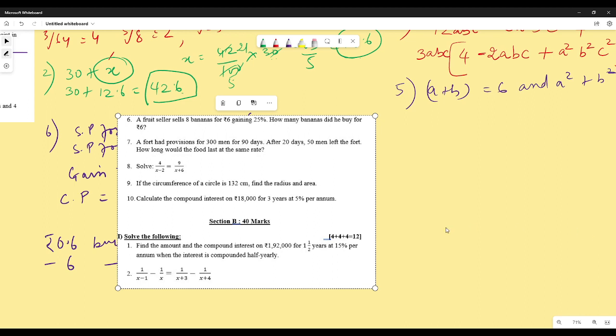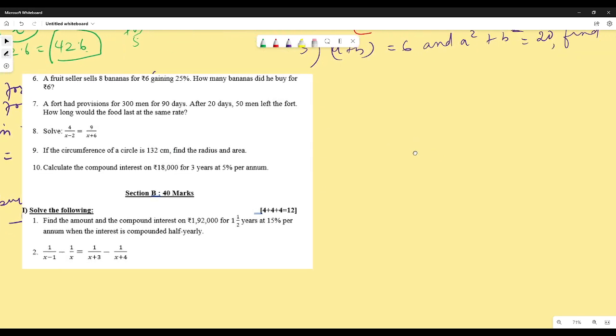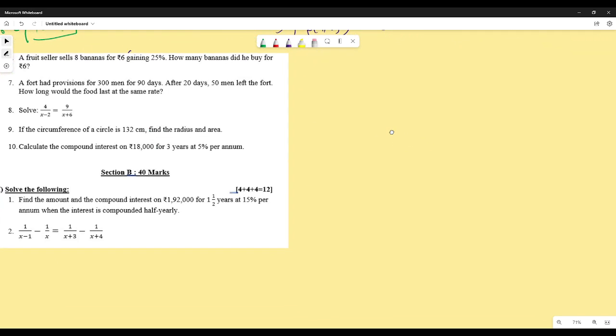Now let us take up this question. It says, question number 7. A fort has provisions for 300 men for 90 days, right? Let me increase the size a bit so that I am not distracted by other questions.